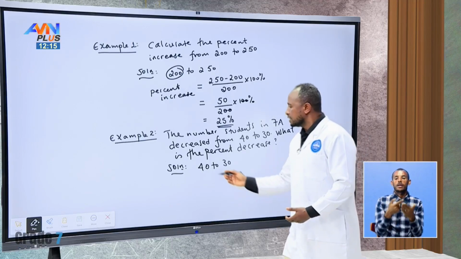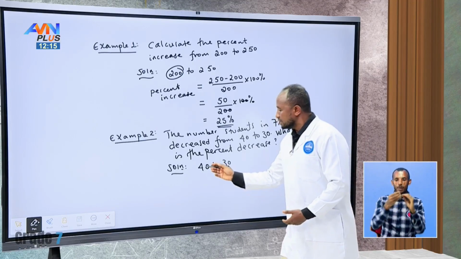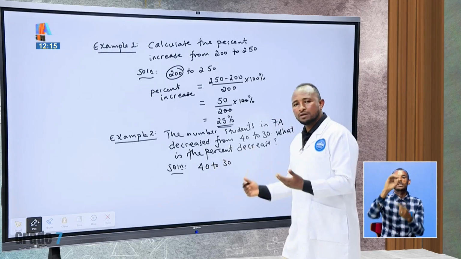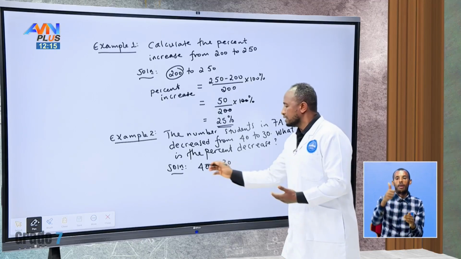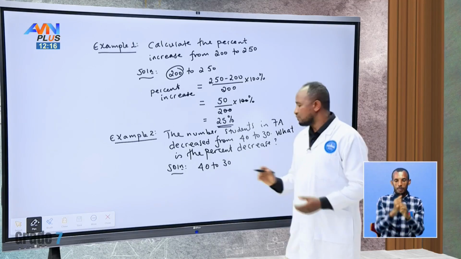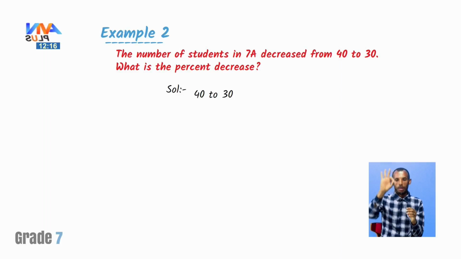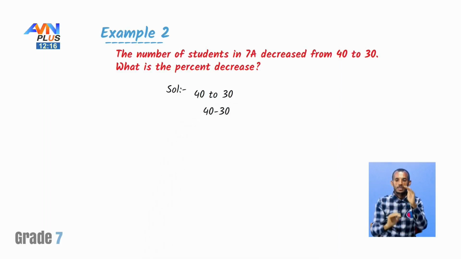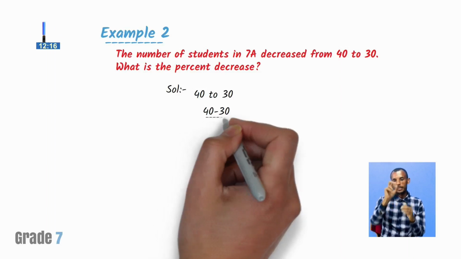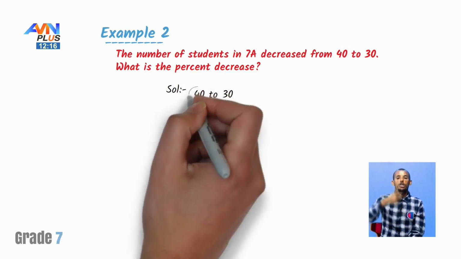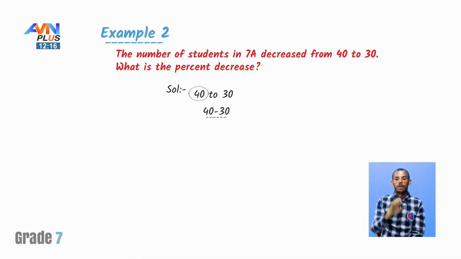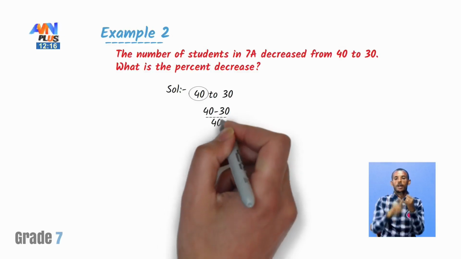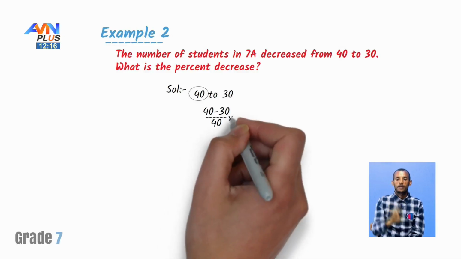Here, number 40 is changed to 30. It decreased by 10, found by subtracting 30 from 40. Then you divide by the original quantity, 40, and finally multiply by 100%.